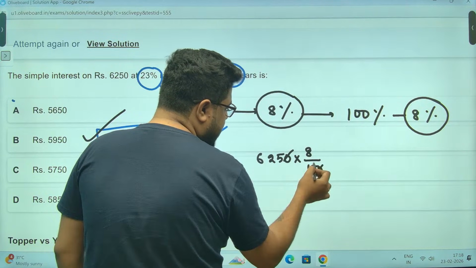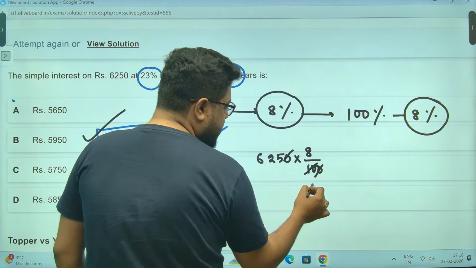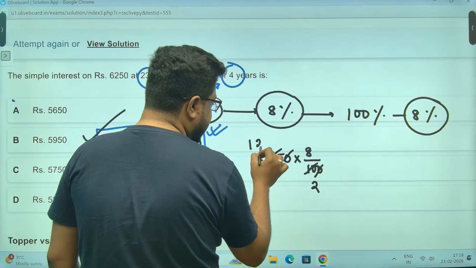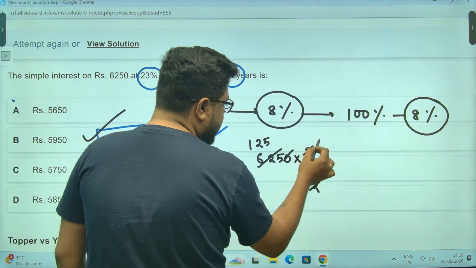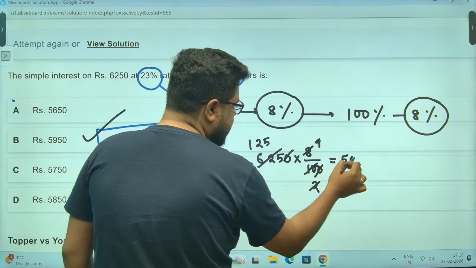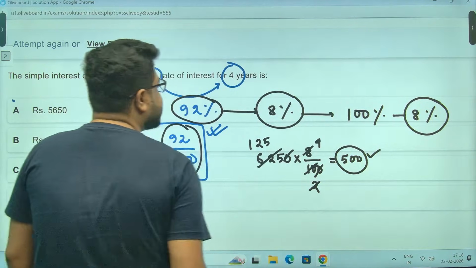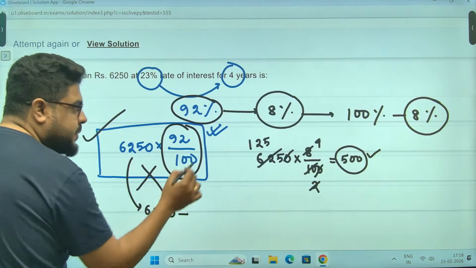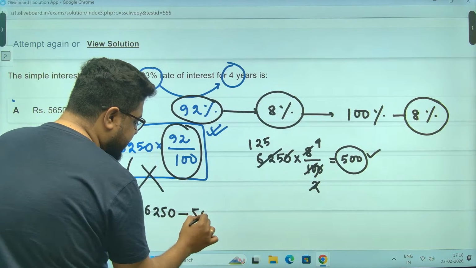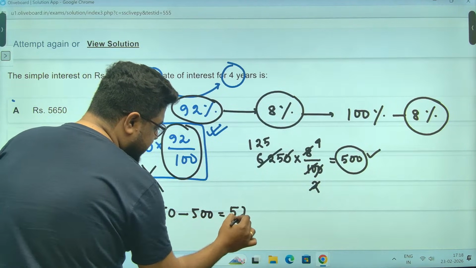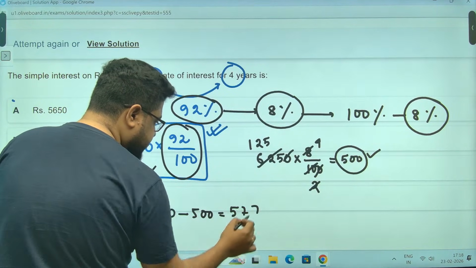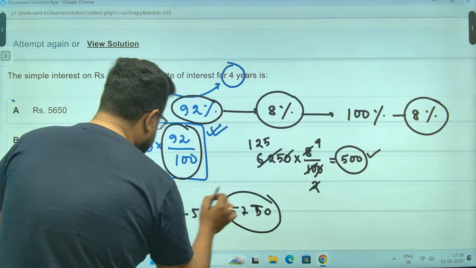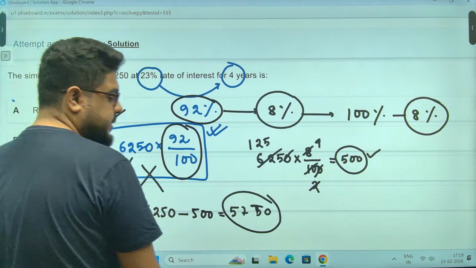The 0, 0 gone. 5 2s are this, 5 125s are this. So this is 4, this is 500. So my answer will be 6250, 100% minus 8%, which is 500, which is 5750. That's your answer, option C.